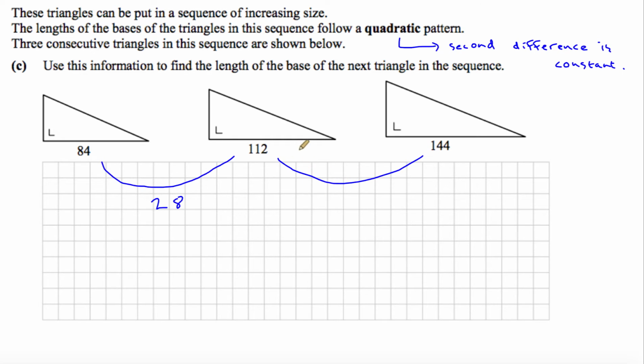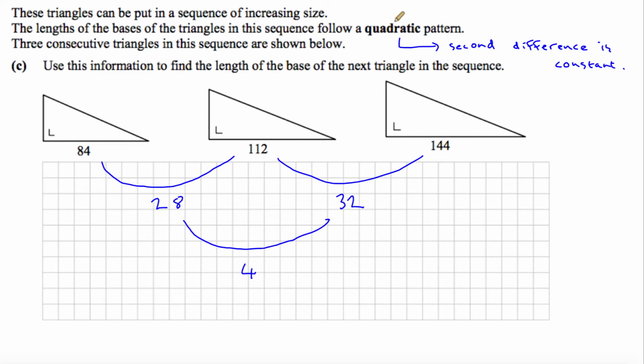And if we find the difference between the third and the second term, that gives me a difference of 32. So the second difference is when you find the difference of those two. So there we have 32 minus 28 gives me a difference of 4.